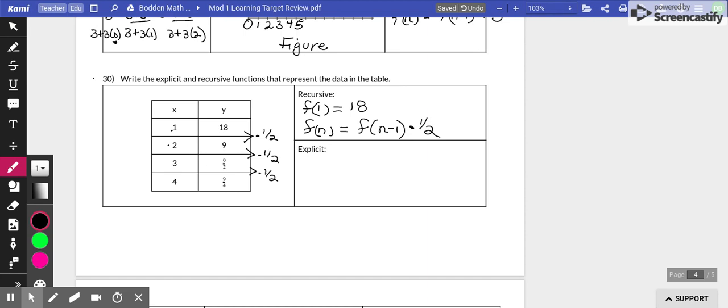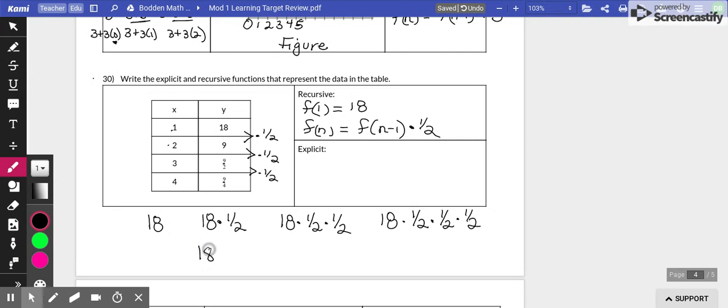All right. Now, if I wanted to break that down with the explicit formula, I would start with 18, then 18 times 1/2, then 18 times 1/2 times 1/2, 18 times 1/2 times 1/2 times 1/2.